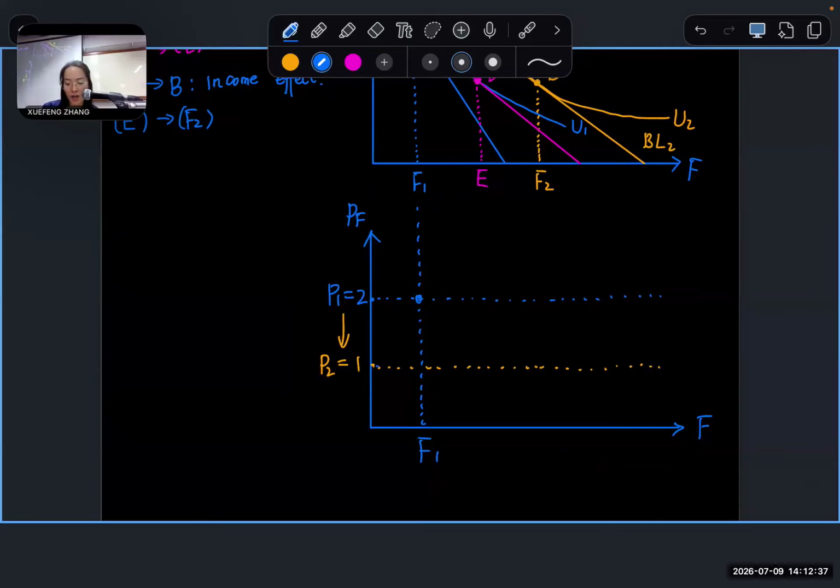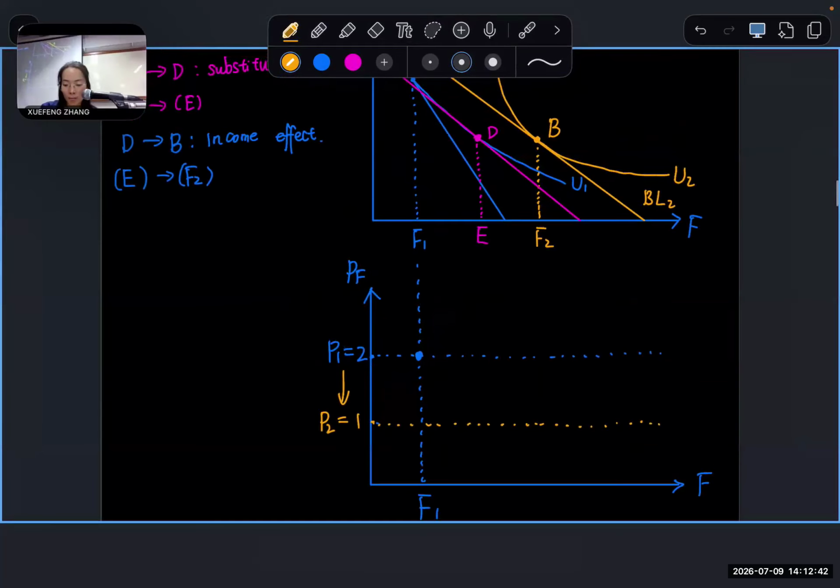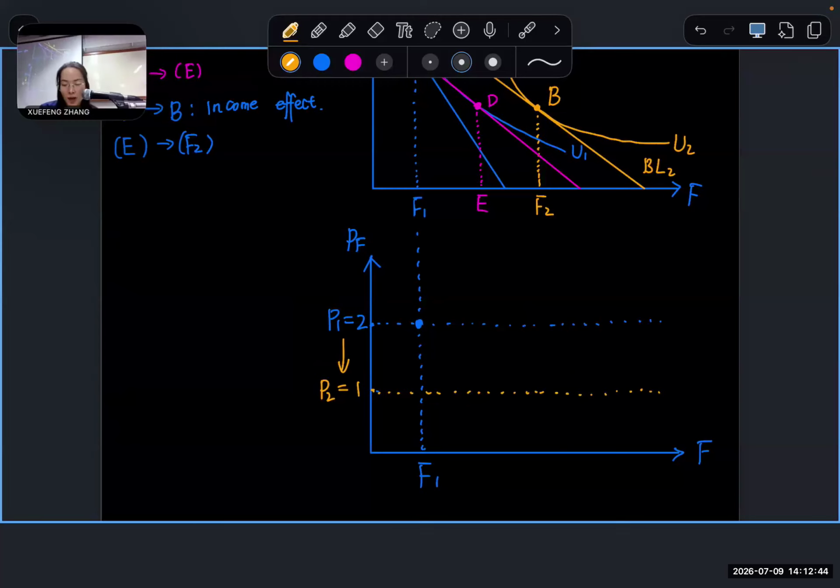So here I get one intercept, right? And next, the price decreases. So right now my optimal is at point B. I buy F2 units of food. So I get another new intercept, right? The blue one is the initial one, which is point A.